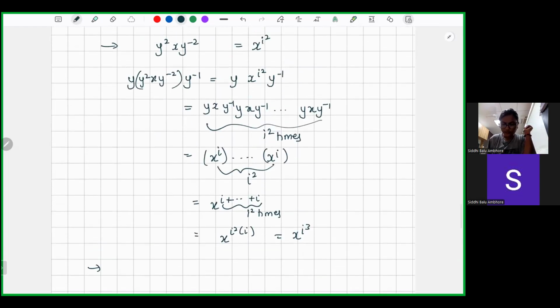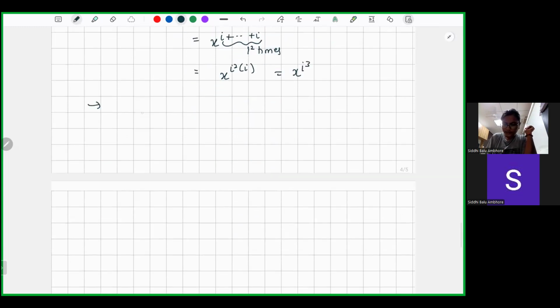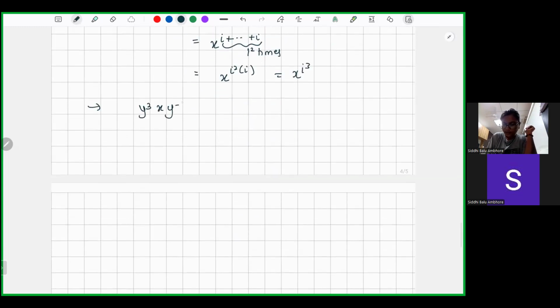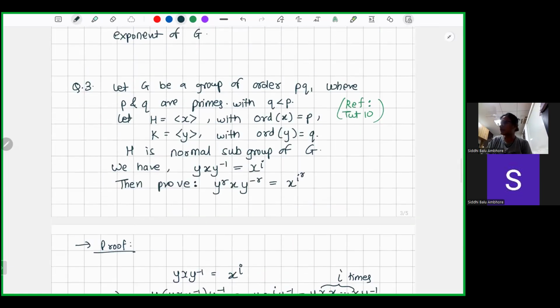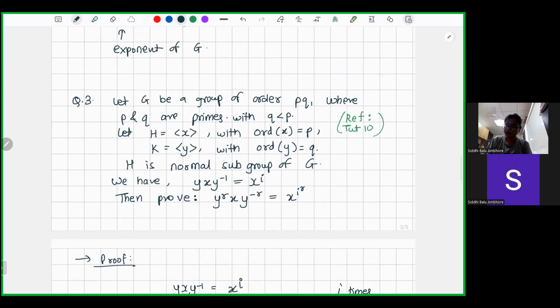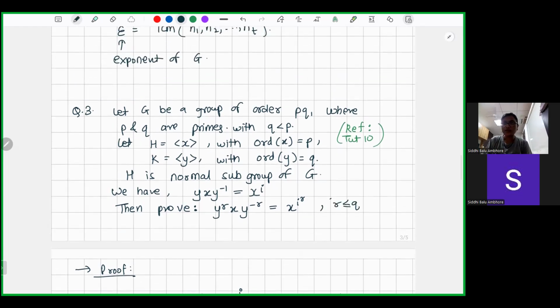Therefore we get y cubed x y cubed inverse as x power i cubed. And you can proceed like this. Since r is finite, in fact, if you go back and see the proof, this r was less than or equal to Q.